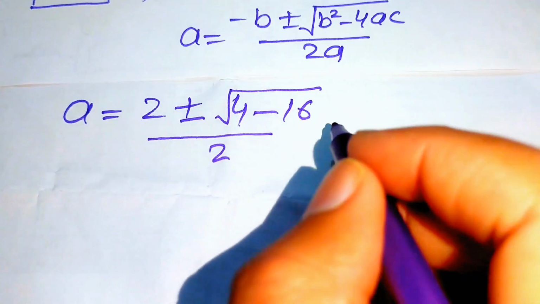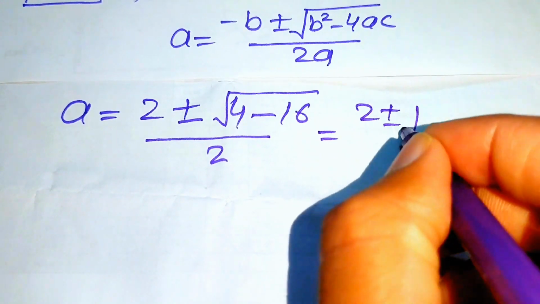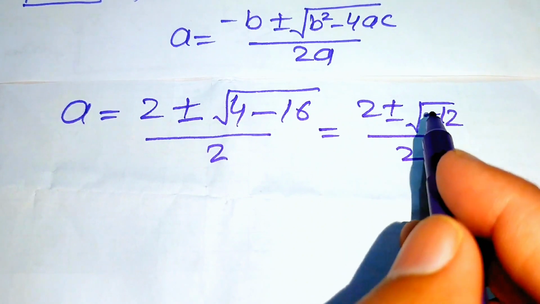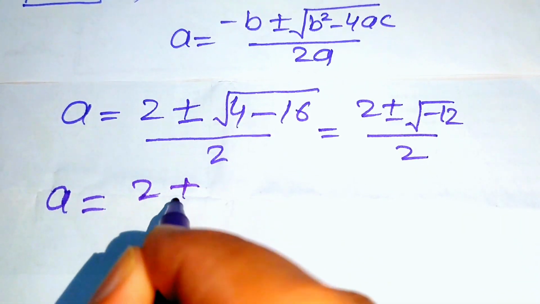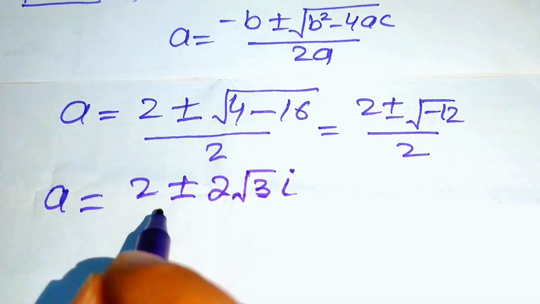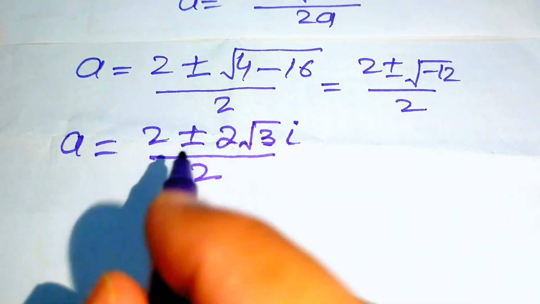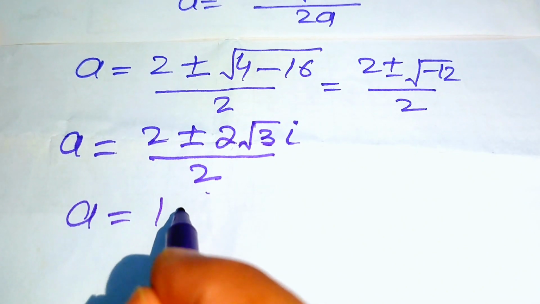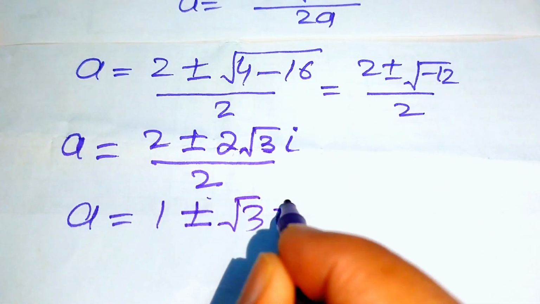So now we need some simplification here, and we get 2 plus minus square root of minus 12 over 2, and we write the square root of minus 12 as in the above case. So it equals 2 times square root of 3 into iota divided by 2, and here we take a common 2, and it is cancelled out by the denominator of 2, and finally we get 1 plus minus square root of 3 into iota.